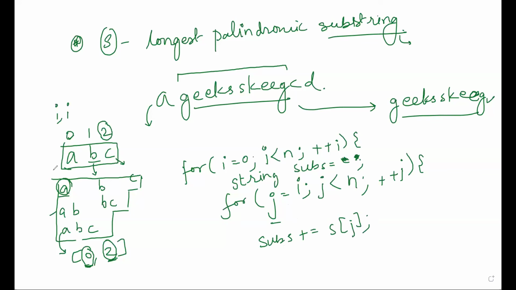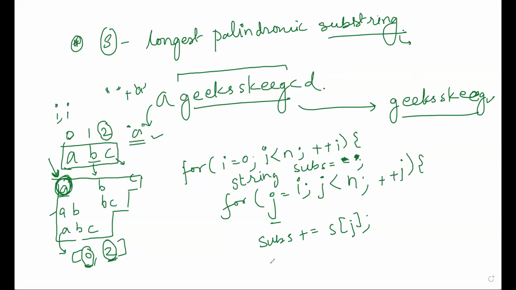Initially, when I'm starting, suppose from index i equal to 0, my substring is empty, there is nothing in it. When I take the value at index 0, I get this string, which contains a. So whenever I'm adding any character, I'm getting a new substring.